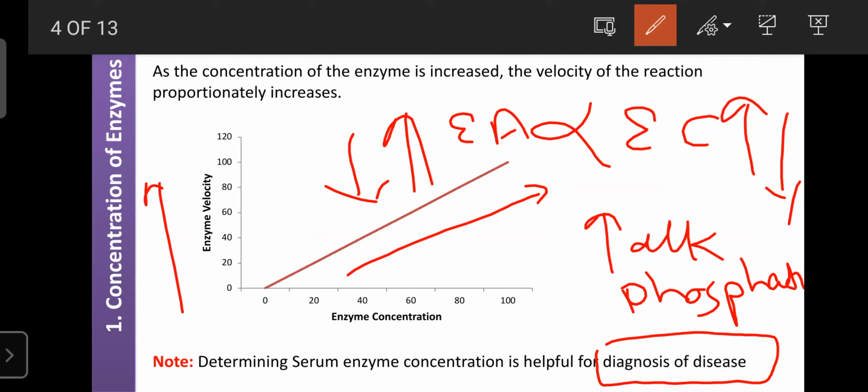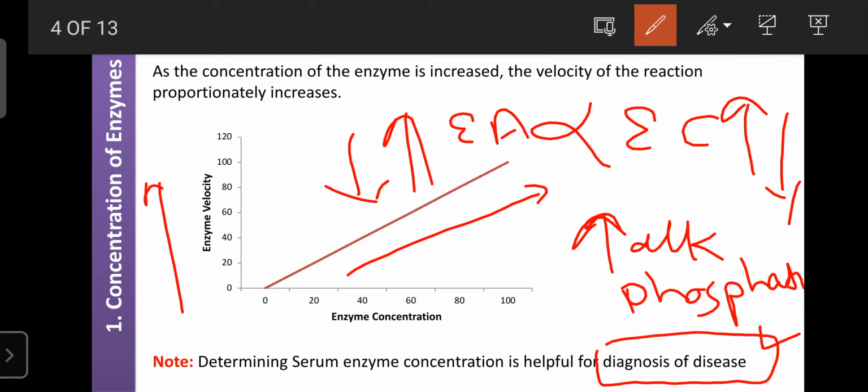In the case of inflammation of the liver, any problem in the mineralization of the bone, the bone suffering from inflammation or injury, or even in the kidney, the enzyme activity or concentration increases, and that increased concentration is helpful for the diagnosis of a particular type of disease.